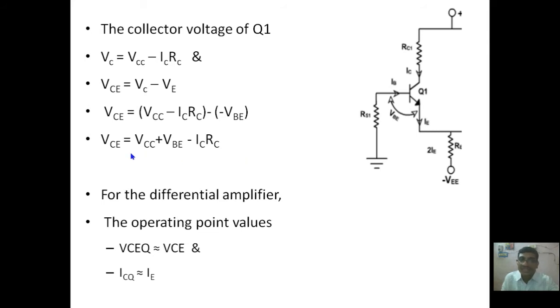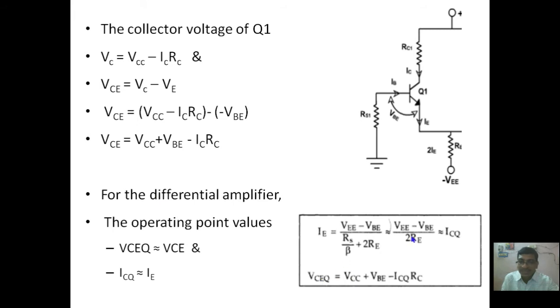Here VCE is the voltage that sets the operating point, that's why it is called VCEQ, the Q point value. For the differential amplifier, the operating point value VCEQ is approximately equal to VCE. So VCEQ is equal to this value, and ICQ is nothing but the IE value we calculated previously, which is VEE minus VBE by 2RE.